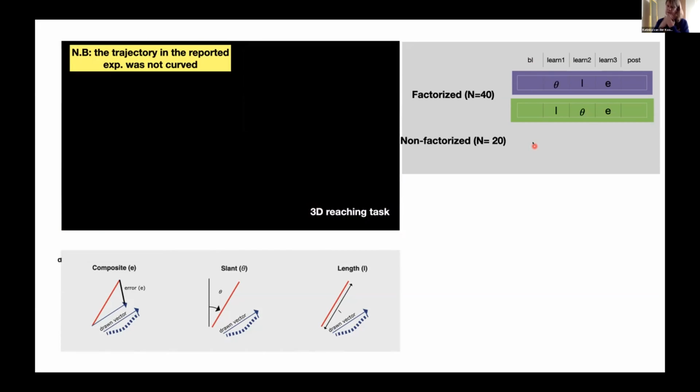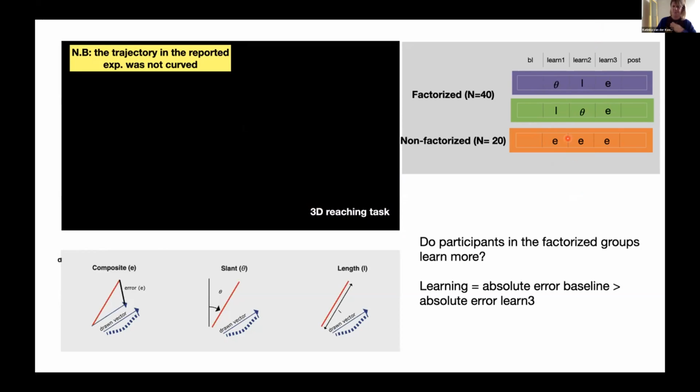And in between, there were 3 learning sessions. The factorized slant first group received feedback on slant first, then on length, and then on the composite. For the length first group, this was reversed. The non-factorized group, in contrast, received feedback on the composite of the two factors throughout the experiment.